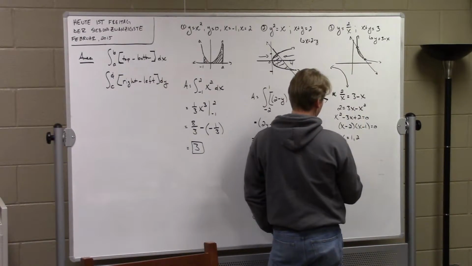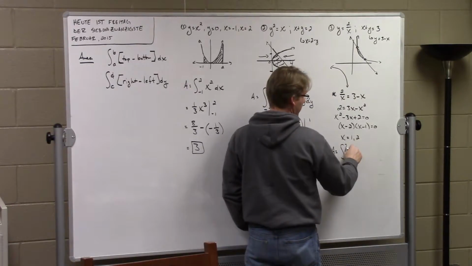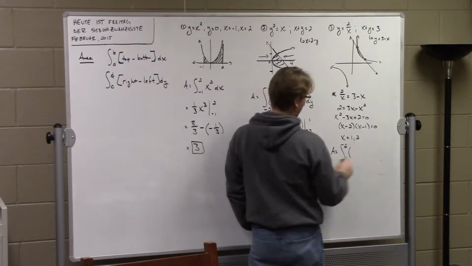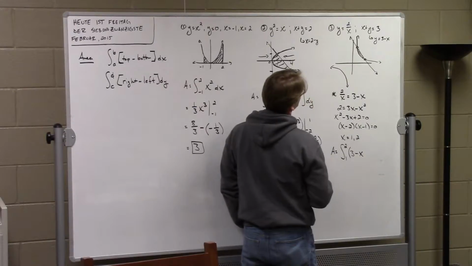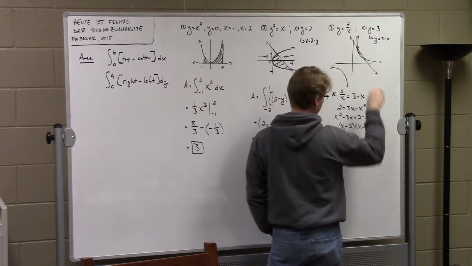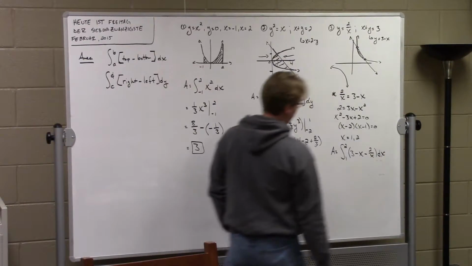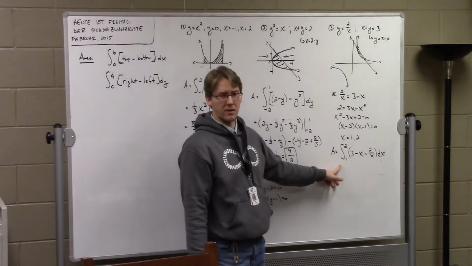So let's see, the area is going to be the integral from 1 to 2. Top function is going to be the line, so 3 minus x. Bottom function is going to be the hyperbola, 2 over x, dx. And if you're a calculator junkie, type it in, get your answer.